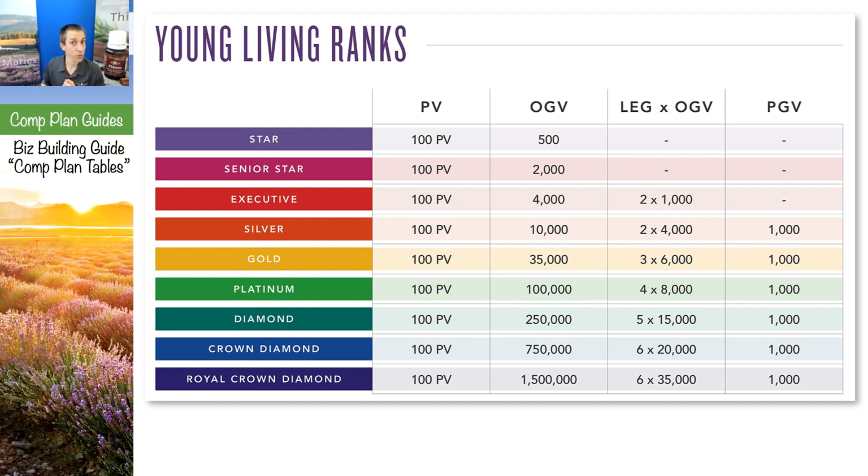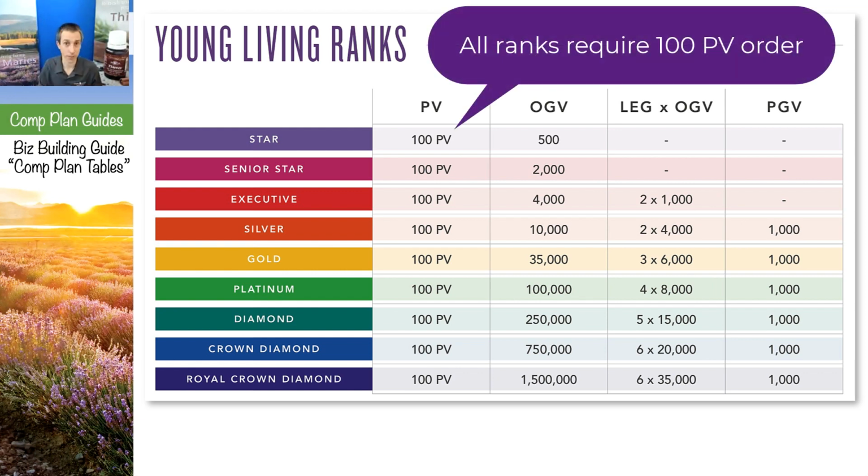Now, I want to draw your attention to this particular column. You'll notice that all of the ranks require a 100 PV order. So what that means is if you wish to qualify for any of the Young Living ranks, you must have a 100 PV order in the month in order to qualify as that particular rank.